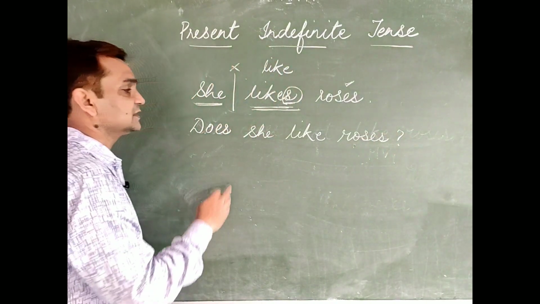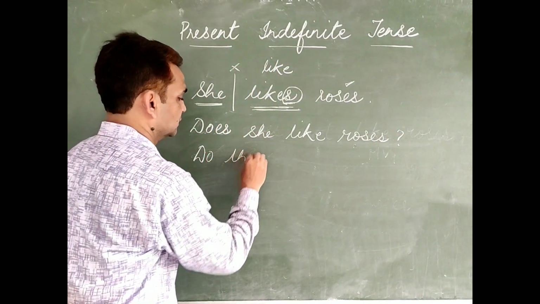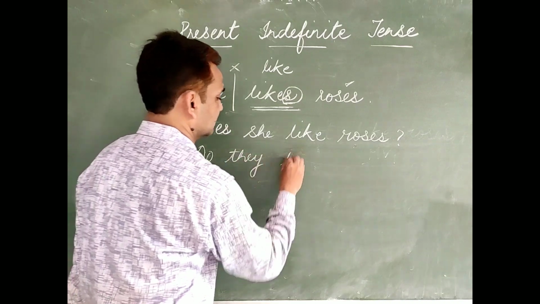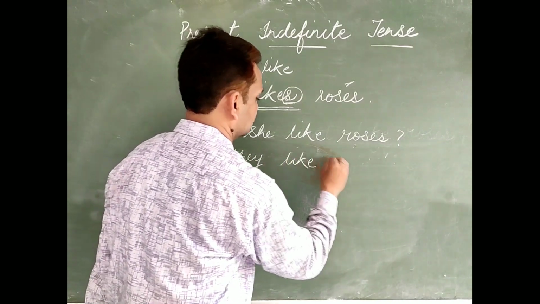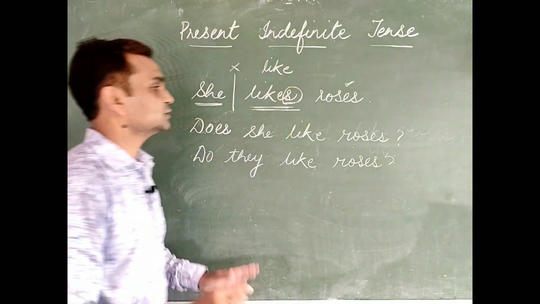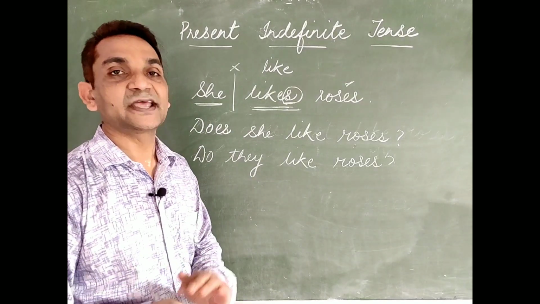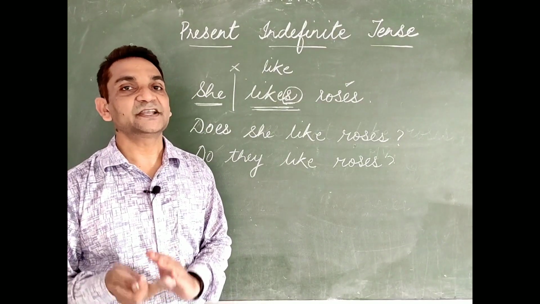And if you are using plural subject, you will use do they like roses. So this is how we are supposed to use the helping verbs and the main verbs in present indefinite tense.